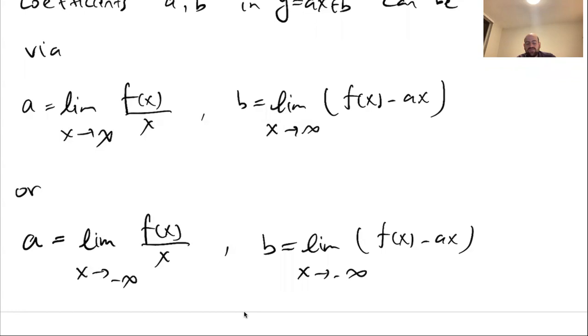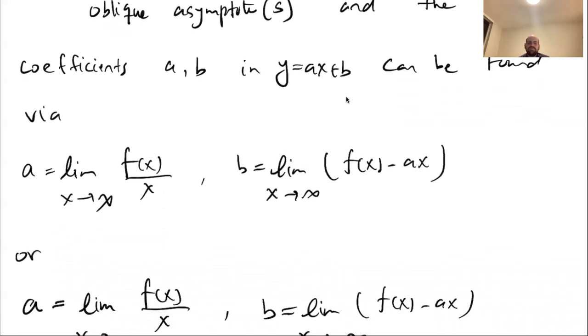If this limit exists, meaning that it must be finite and non-zero, then we can find a with this limit, and then b can be found with this limit, and then the oblique asymptote will be y equals ax plus b.